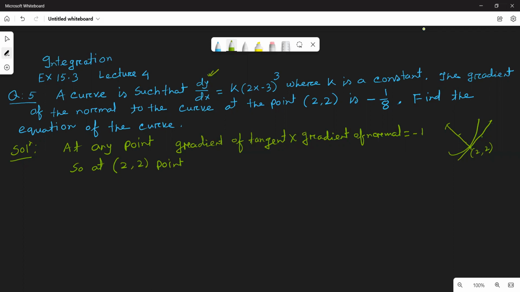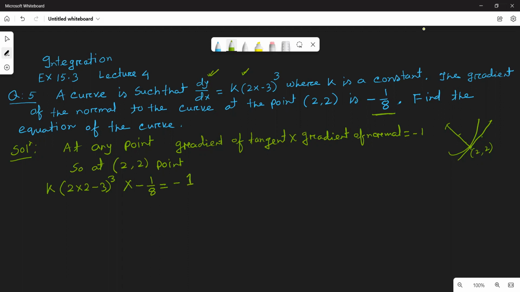Curve gradient and tangent gradient are the same. At this point, the curve gradient is dy/dx equals this, and so this is also the gradient of the tangent. So we write the gradient of tangent k into (2 multiplied by 2 minus 3) to the power 3, multiplied by the gradient of normal at this point, minus 1/8, equals minus 1.